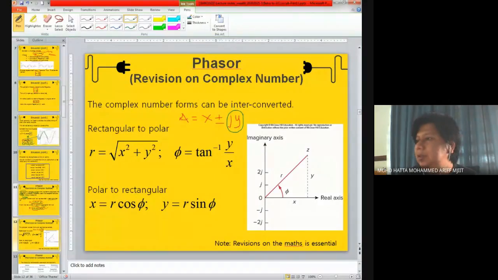Okay, in mathematics, normally they will write like this: A equals X plus minus I Y. Okay, and the one that you see over here, J and I, basically describing the same thing. It's describing the imaginary part.